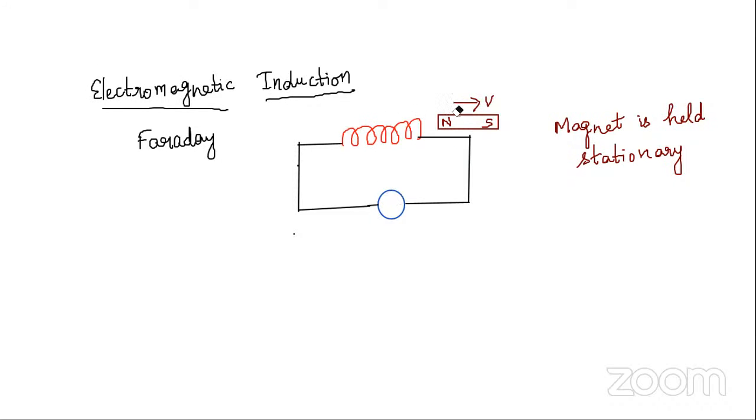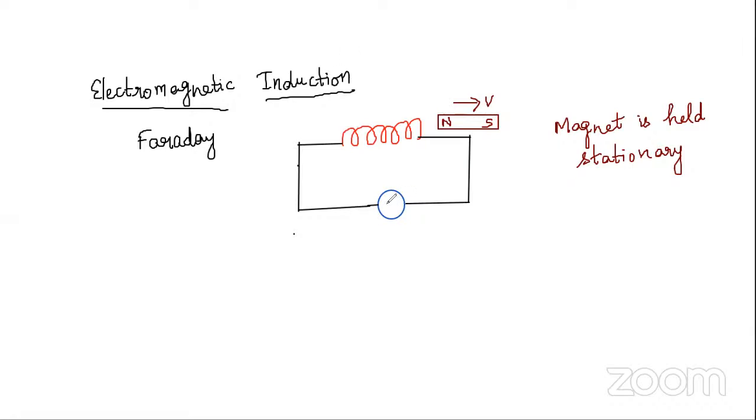In the earlier case, the bar magnet is brought towards the coil with velocity v, and the galvanometer shows deflection towards the right. But now the bar magnet is moving in exactly the opposite direction with velocity v. Now, what is the deflection in the galvanometer?